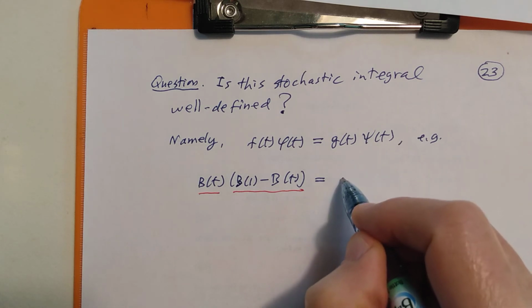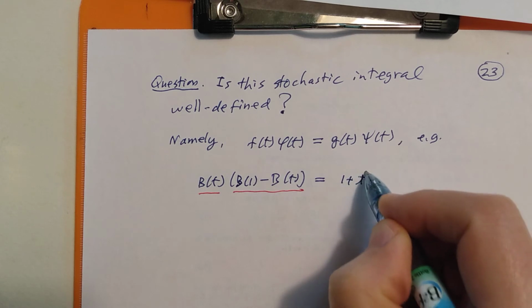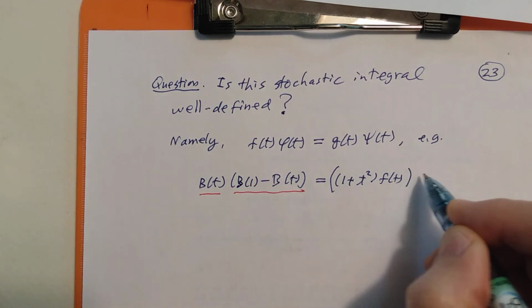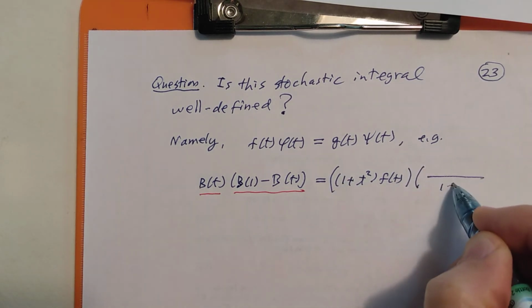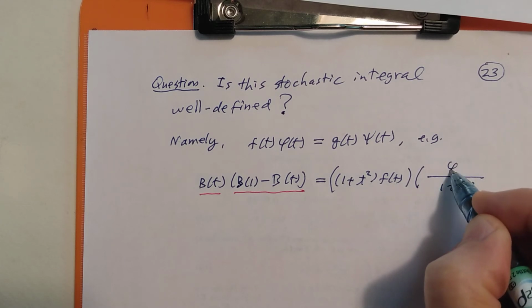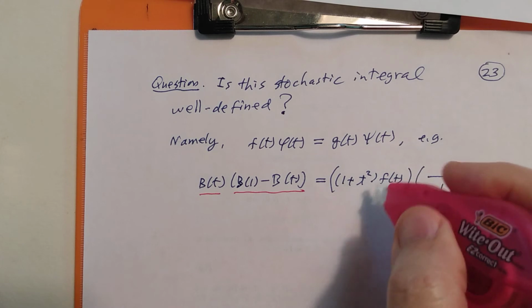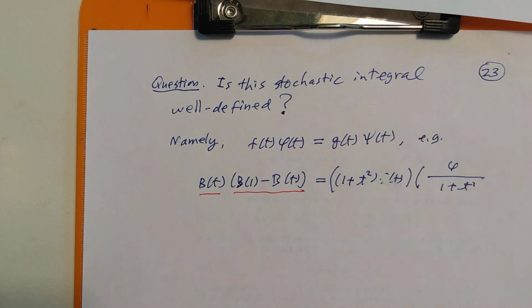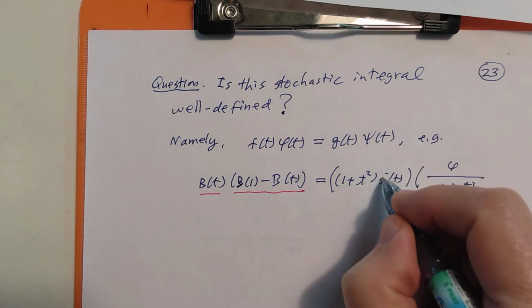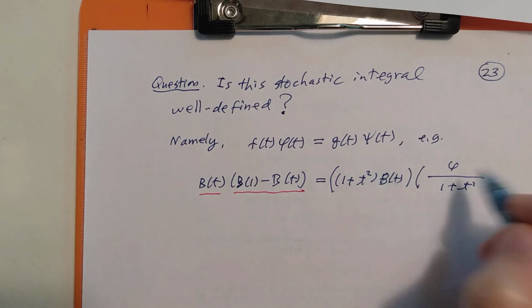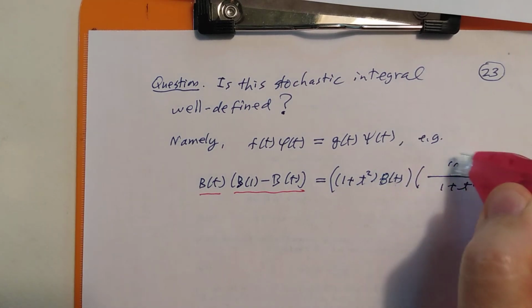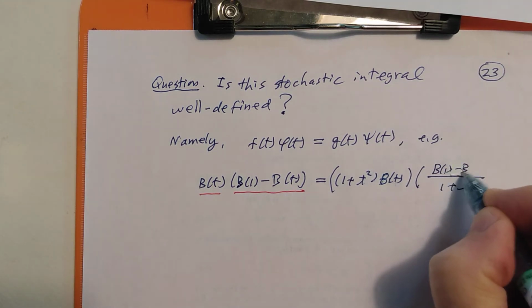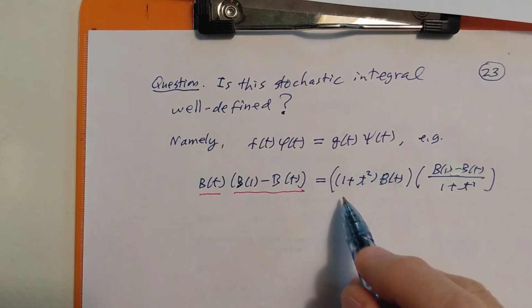For example, let's put 1 plus t squared times Bt, and this B1 minus Bt divided by 1 plus t squared.